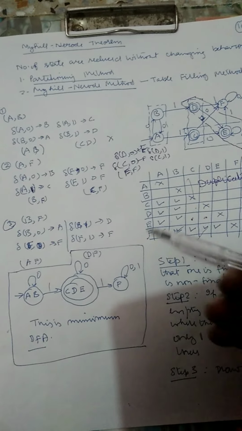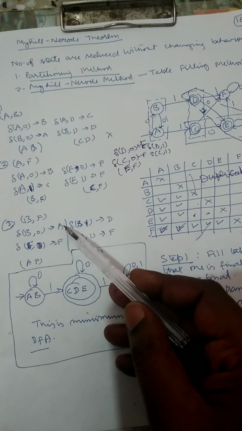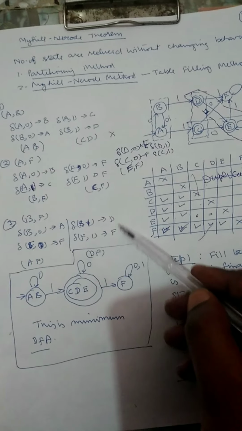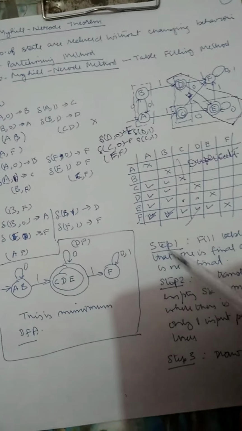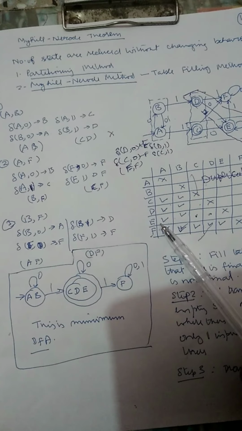So the AF pair, from here DF. Let's check. What is AF? There is a mark here, so we simply put a mark. So here we get a mark, and here we put a mark.